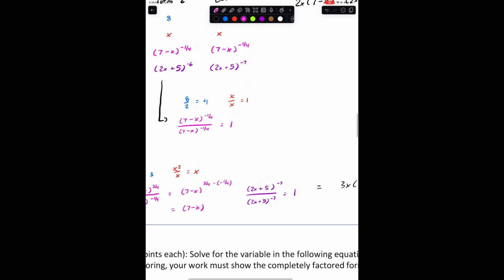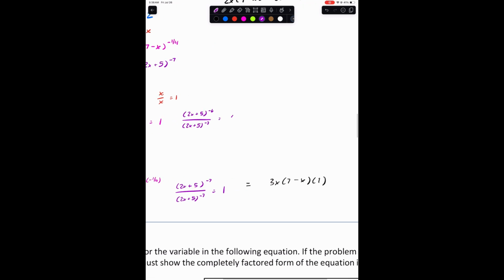And then 2x plus 5 to the negative 6 over 2x plus 5 to the negative 7 is 2x plus 5 to the negative 6 minus negative 7, which gives me positive 1, which means it is just 2x plus 5.